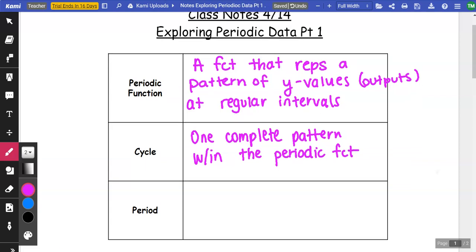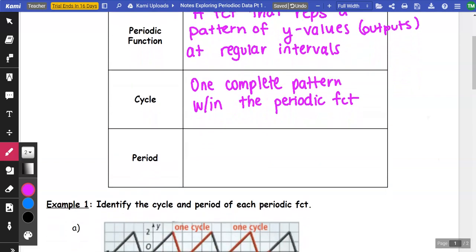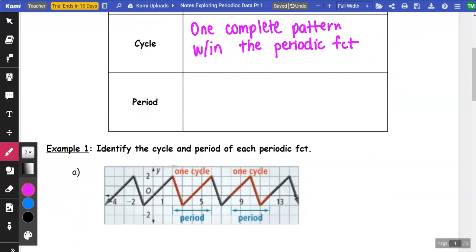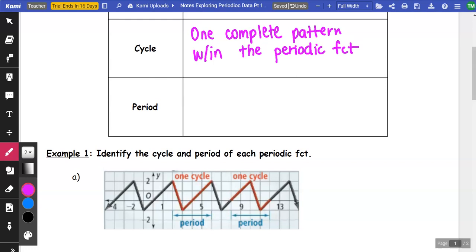Another term we're going to talk about a lot today especially is the term period. A period is what we call the horizontal length of the periodic function.